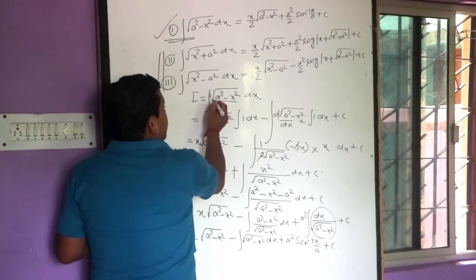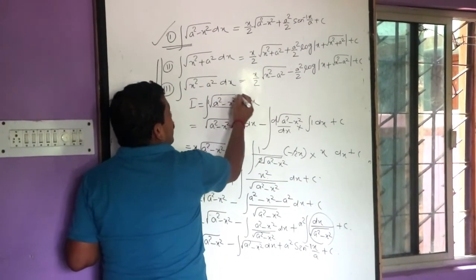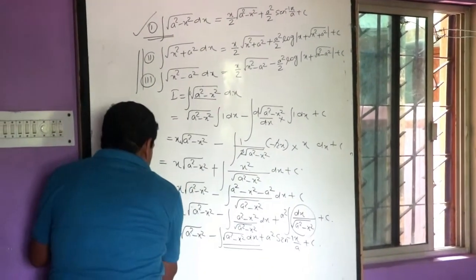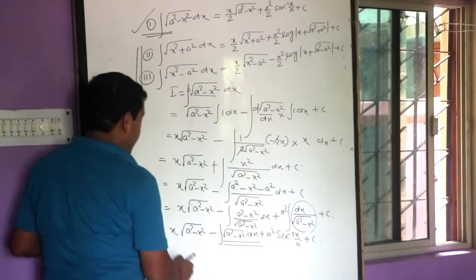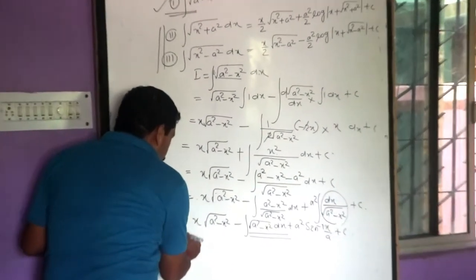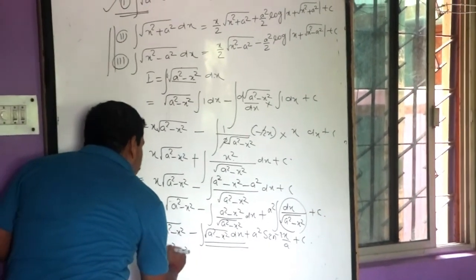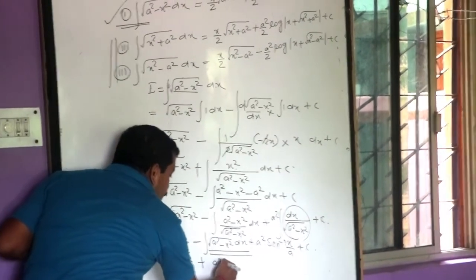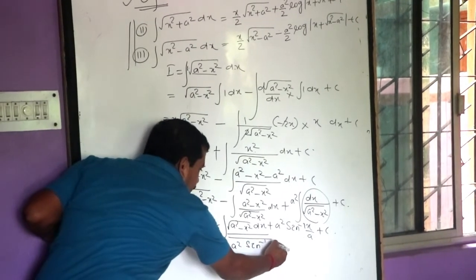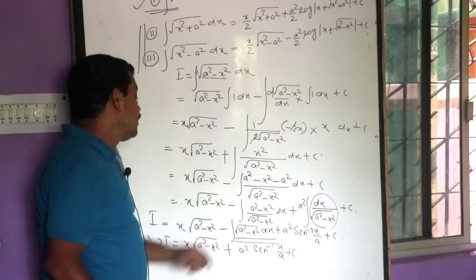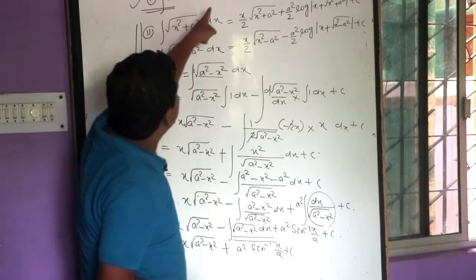We take the integration of root over a square minus x square as I. So this integration is I. The left hand side also contains I. That is equal to 2I becomes x into root over a square minus x square plus a square sin inverse x by a plus c. Then you divide by 2 on both sides, then the result will come.